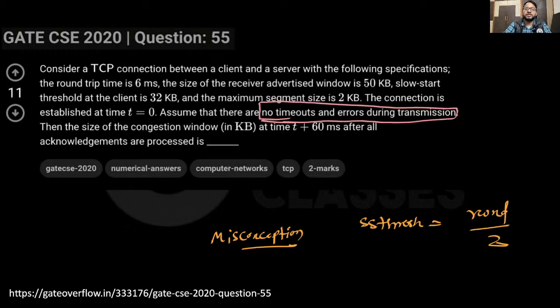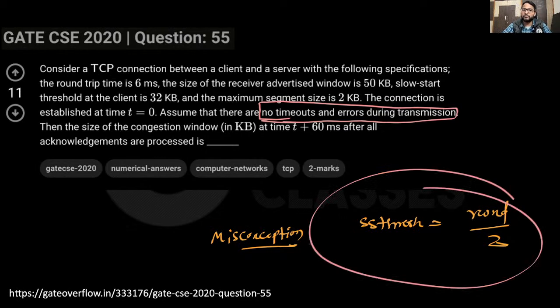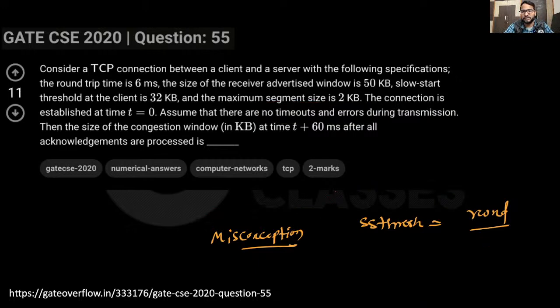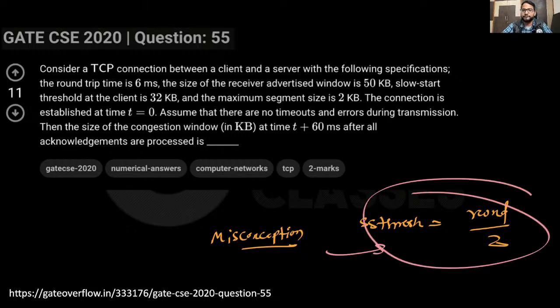If there is no congestion, do not fall into the trap of this. You just keep on doubling if there is no congestion. We will solve this question, don't worry. But I'm just telling you upfront, they are saying there is no congestion. This is the same as the question that we have just solved, which is the major misconception, right? So this is the misconception, that in case of no congestion also people do it.